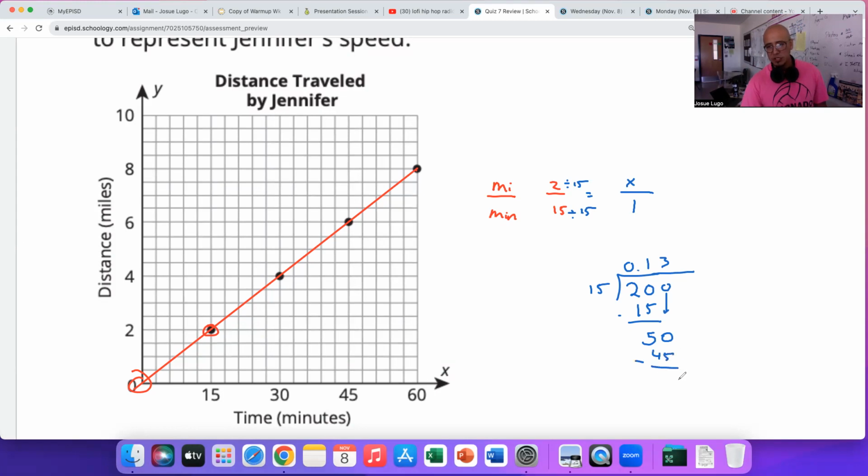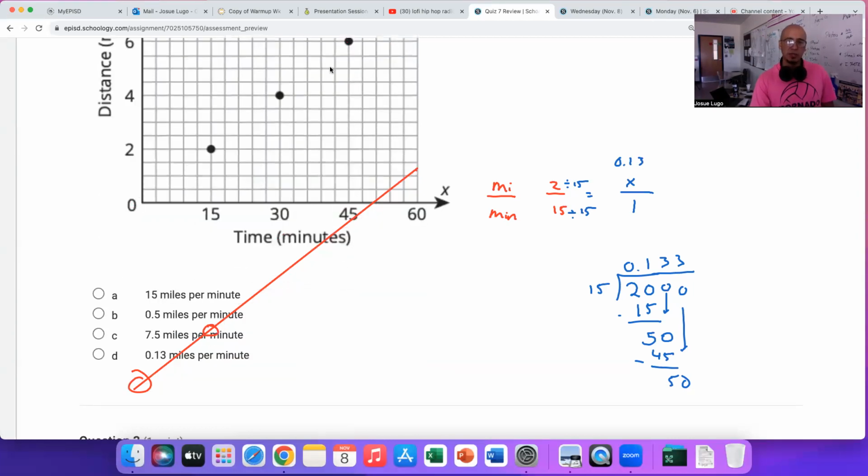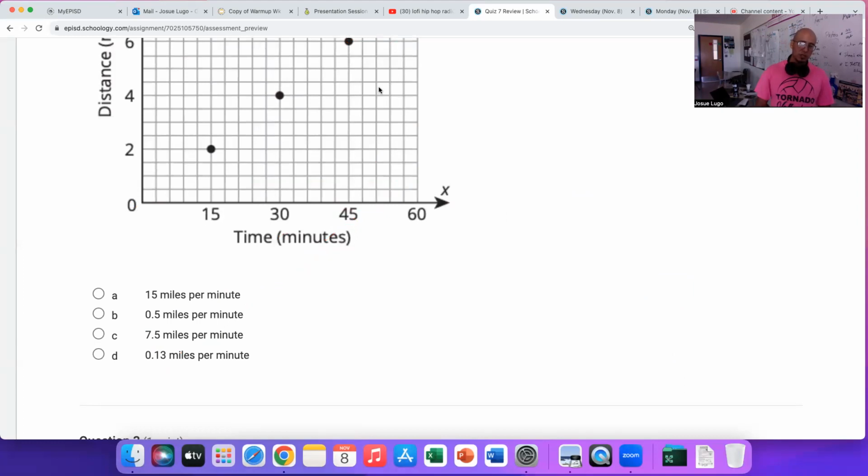At this point, you're going to notice that it's going to go on forever. It's going to be 0.1333333, but we know that it's going to be about 0.13. I'm going to round to the nearest hundredth, 0.13 miles per minute, and the closest answer to that, guys, you can see would be the letter D. So that would be the answer for this one.